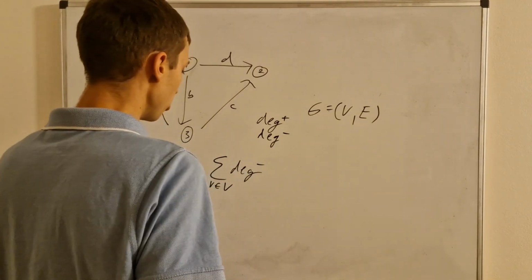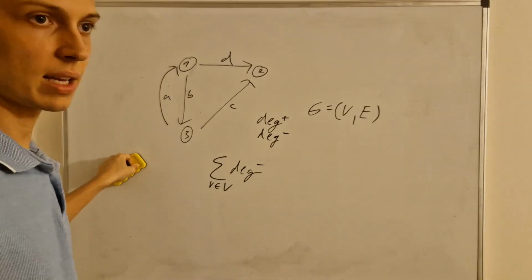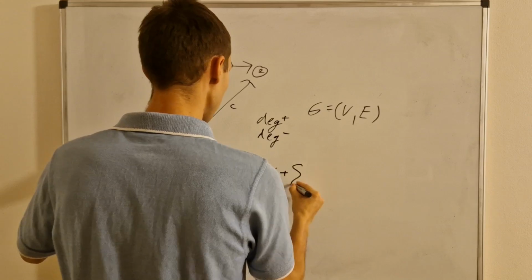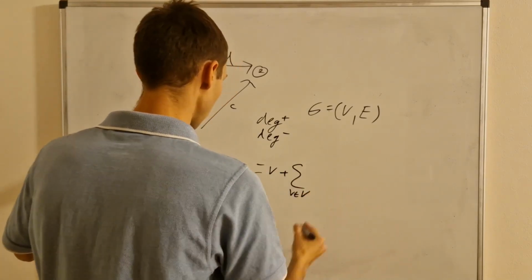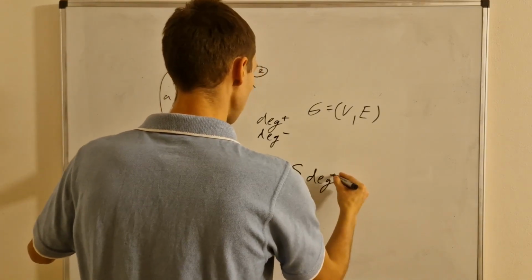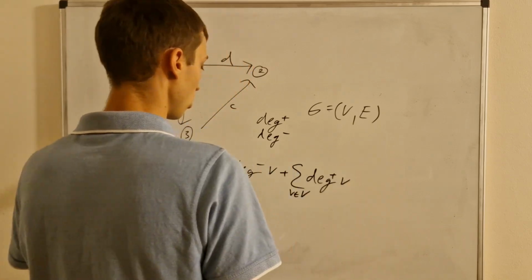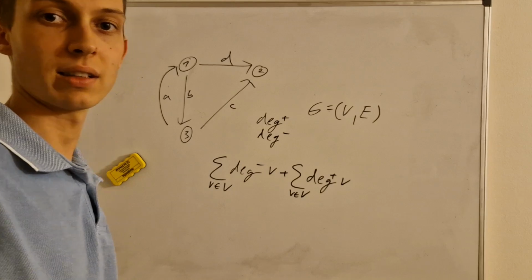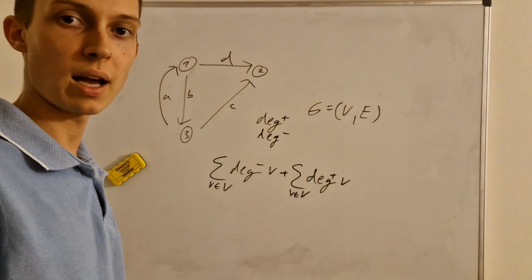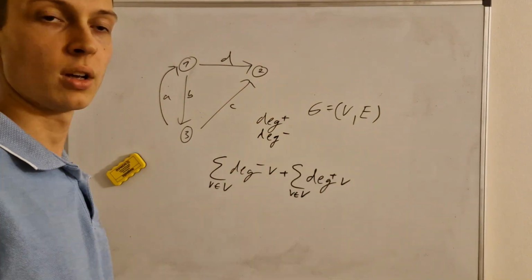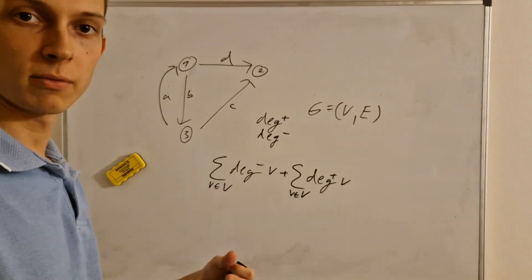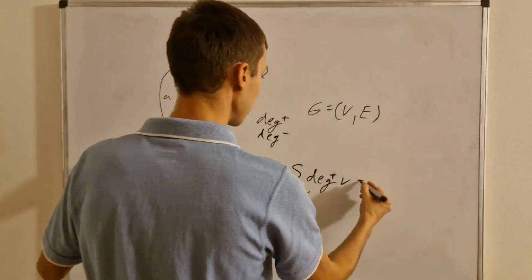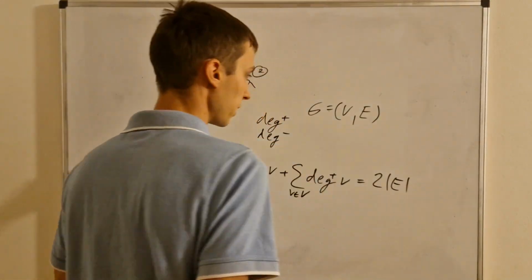First the minus degree, that means for each vertex V how many arrows go into it. And then the sum, again, over all vertices of the vertex set, of their plus degrees, that is how many arrows go out, how many edges have this vertex as their source, go out of this vertex. And that will again equal double the magnitude of E.